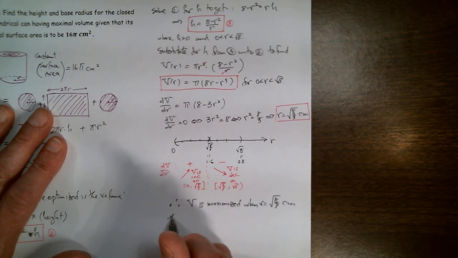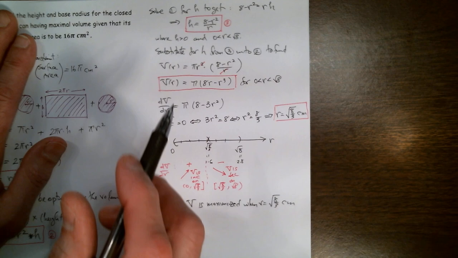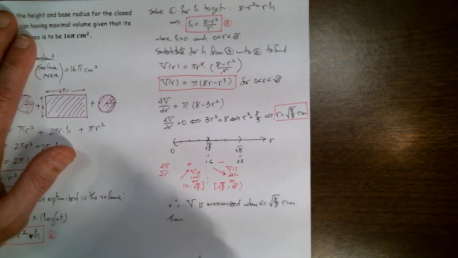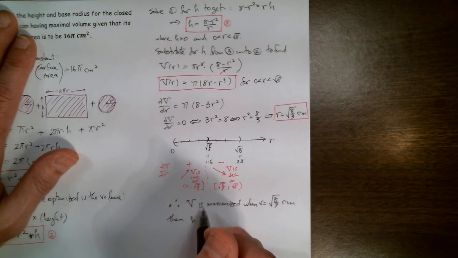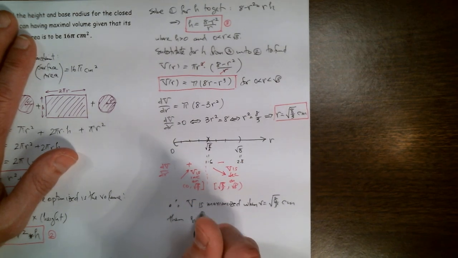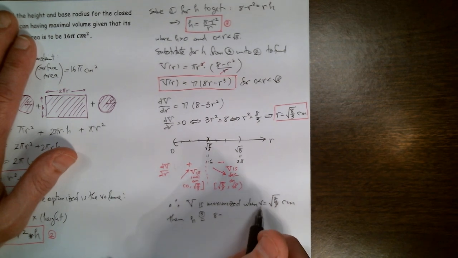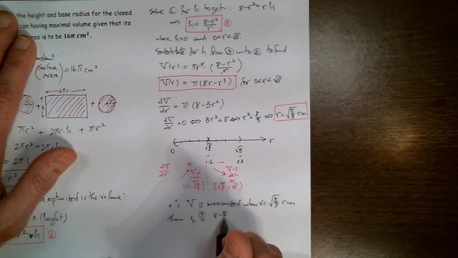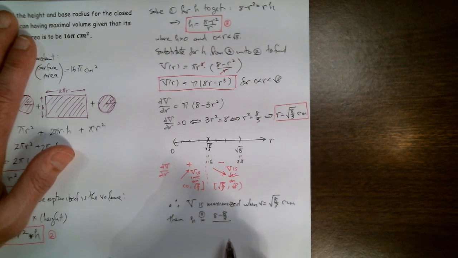And so then what we do is we go back to equation 3 for the height of the cylinder, and equation 3 tells us that the height is going to be 8 minus the r value squared, which would be 8/3, divided by r itself, the square root of 8/3.